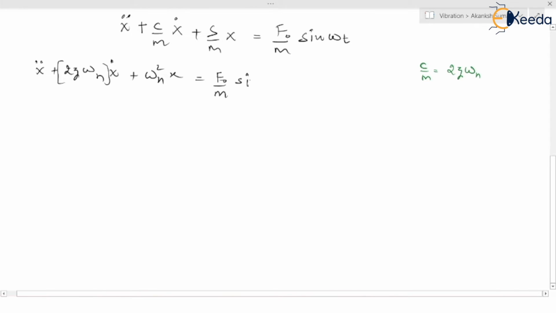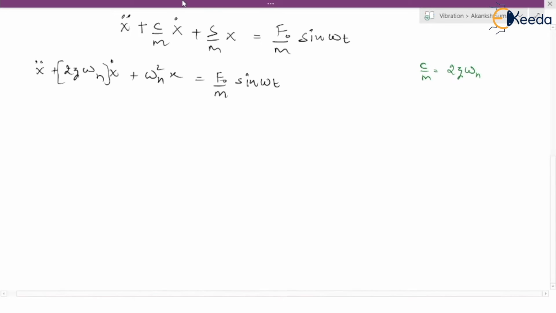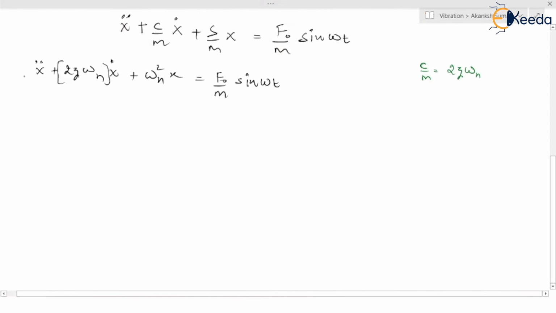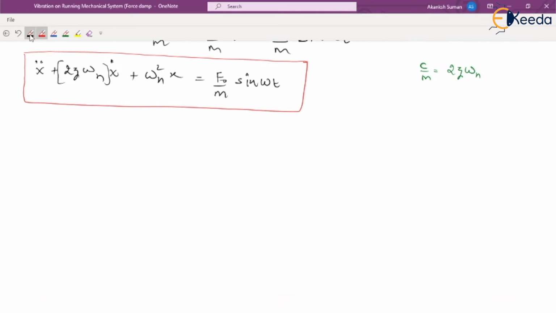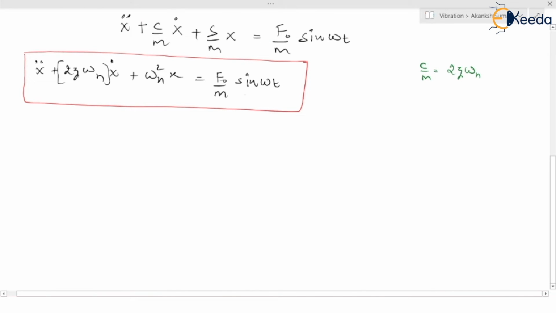This is an important equation of force damped system. You have to note it. This is the equation of force damped system. Very important equation. What is the difference between the damped system equation and the force damped system equation? The difference is that F naught upon M sine omega t is considered because it is a running mechanical system.